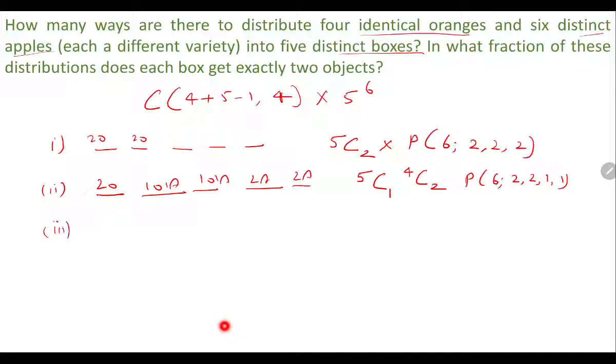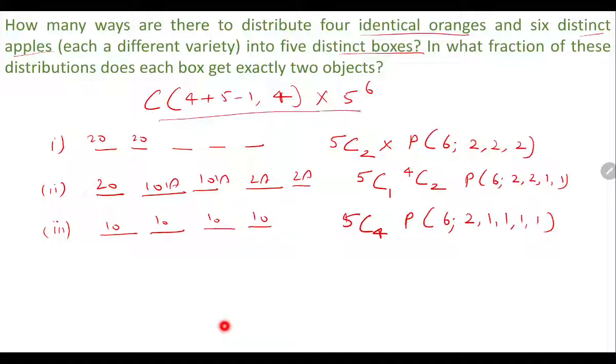And the third case is 4 boxes have 1 orange each, so 5C4, and then the apples go 2, 1, 1, 1 and 1. Since these are the 3 sub cases, we add them to get the required answer. And in the problem the fraction has been asked, so we divide it by the total number of possibilities, that gives us the required fraction.